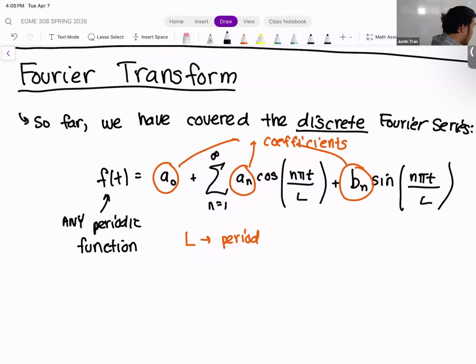I call this the discrete Fourier series because, if you look at the frequency component of our sines and cosines, only a certain set of frequencies is represented. The frequency component is what I highlight here: n pi over L. Remember, n is not just any number. n is the index of our summation, so n has to be a whole number.